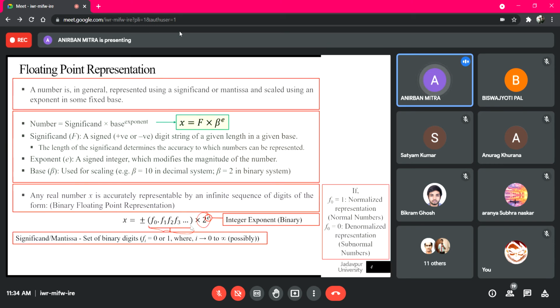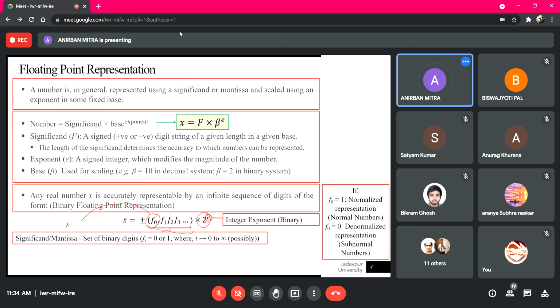But at this point, we talk about normalized representation. Have a look at this particular term, F0, which is to the left of the binary point. This is known as the most significant bit.